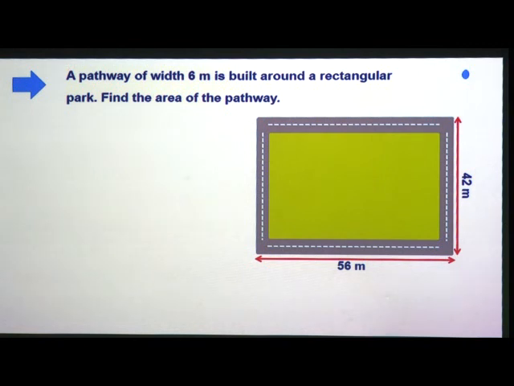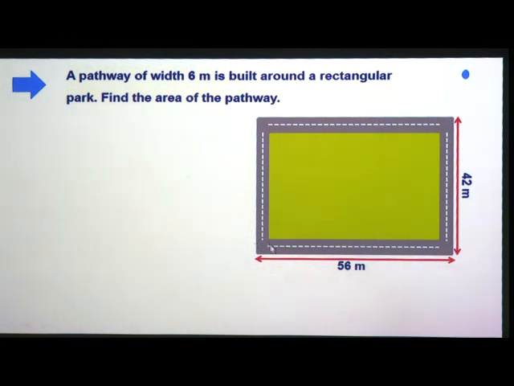Here you will see something related to a rectangle. A path of width 6 meters is built around a rectangular park. Find the area of the path. Here you can see the white dotted line.